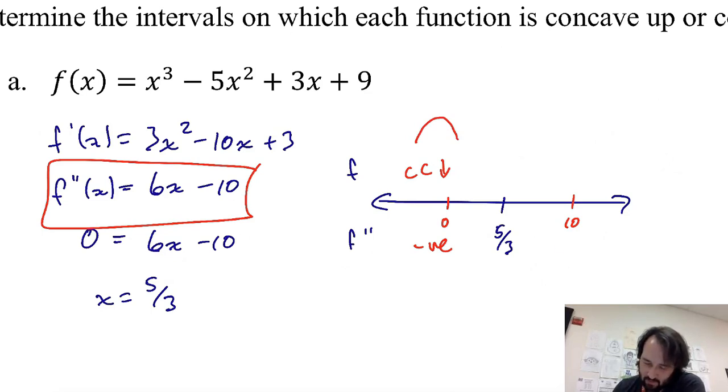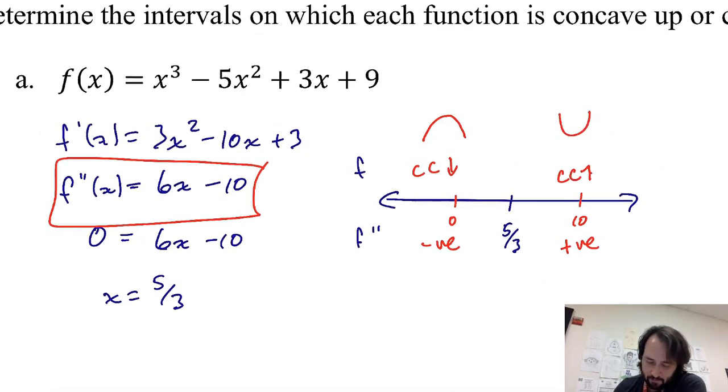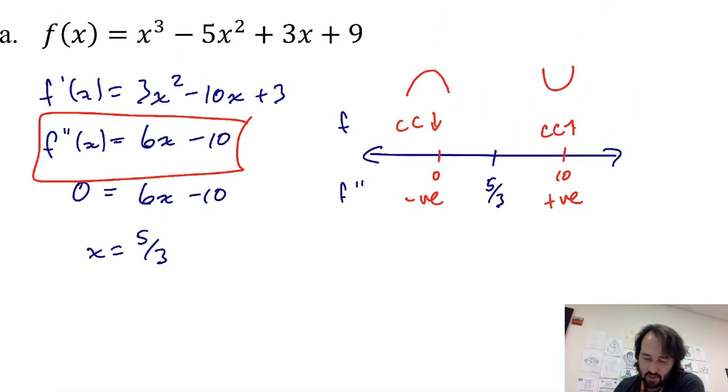At 10, it would be positive, so I would be concave up, so it would look something like that. Since this is for sure changing concavity, x equals 5/3 is a point of inflection.